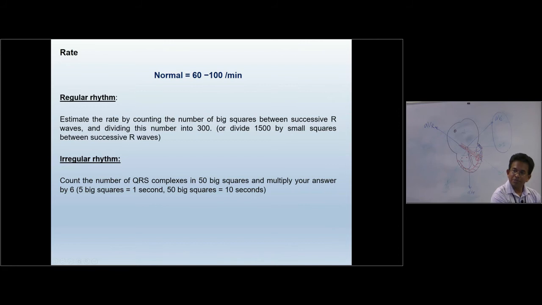Then if the rhythm is irregular, that means if your patient is experiencing atrial fibrillation or sinus arrhythmia or something, then you can't use the first method. Then you count the number of big squares within 50 big boxes, and multiply it by 6. All right. Now I know Lisa taught you another technique as well, but in exams you can use any of those calculation methods.